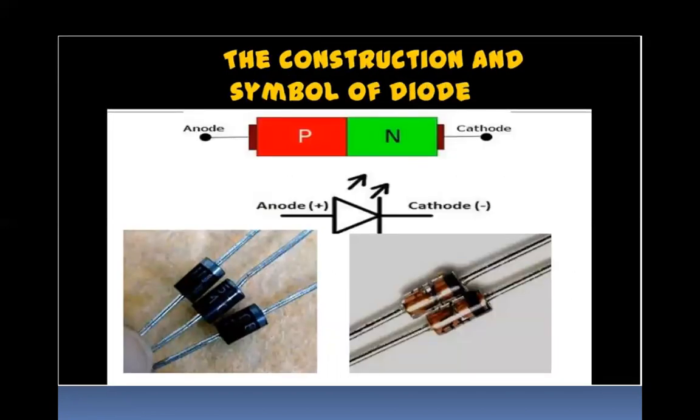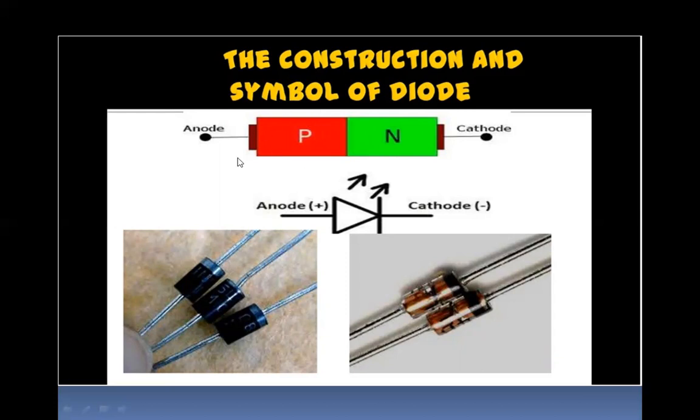Now let's look at the symbol and the construction. Here we can see P-type and N-type material. When suitably joined by the process of crystallization, a junction is formed, and that junction is called a P-N junction diode. So this is the P-type material and this is the N-type material.